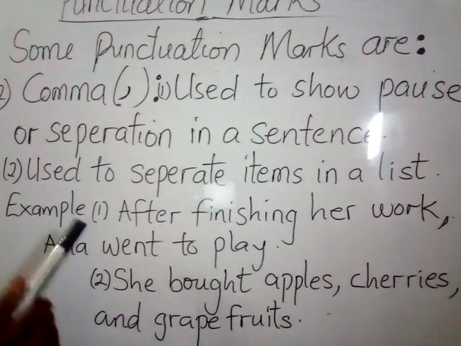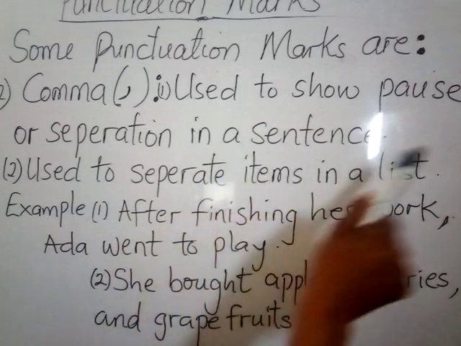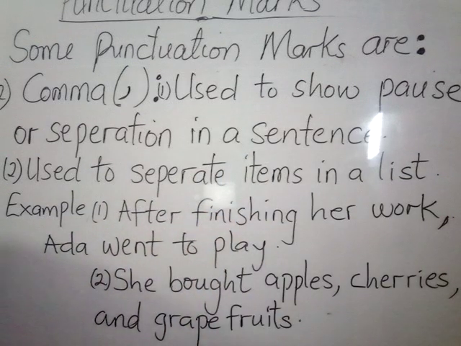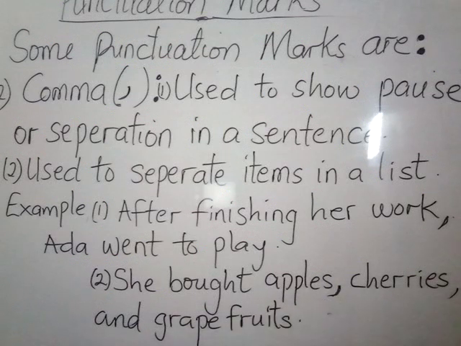And the second one is, it is used to separate items in a list. When you are listing things, you use comma to separate them. Now, here's an example. This number 2 here is for listing things. She bought apples. You see that? She bought apples, comma, that's one of the items. She bought cherries, comma, and lastly, grapefruits.